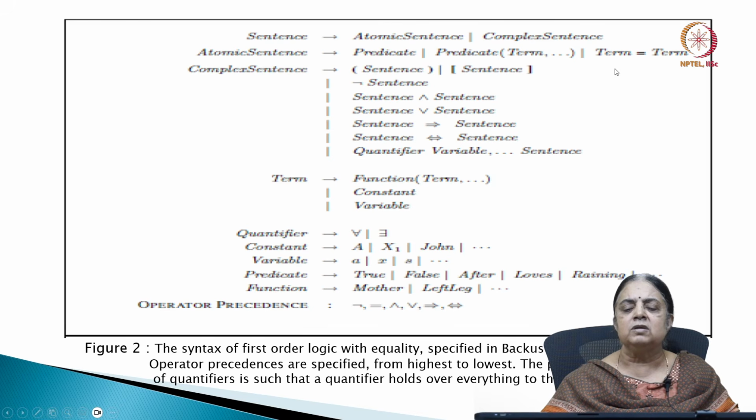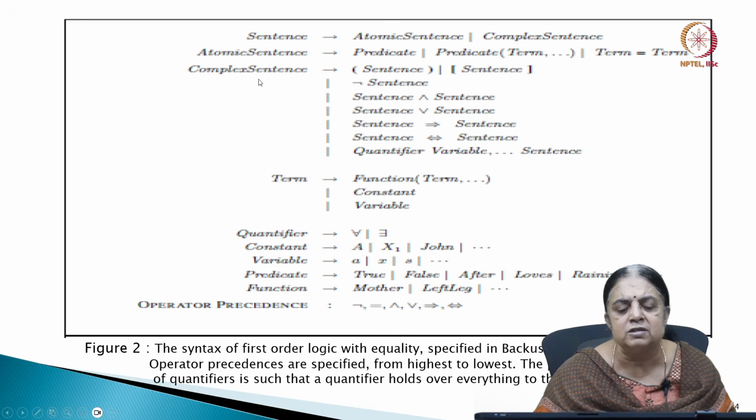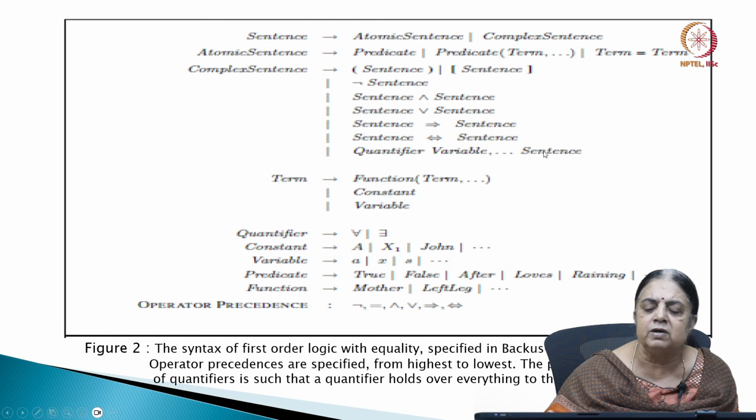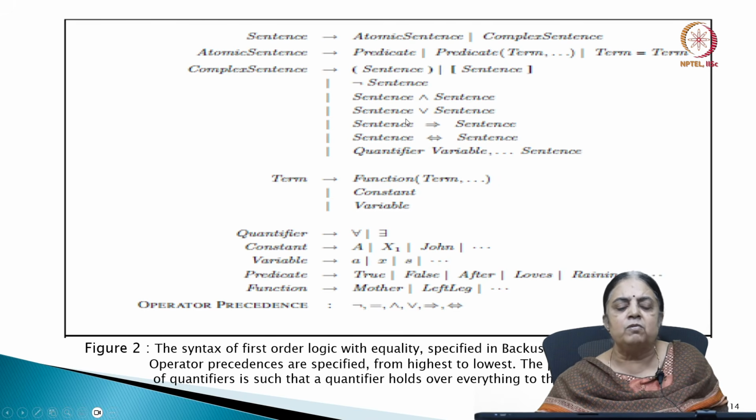So all these are atomic sentences, and you could also have complex sentences which consist of sentences with parentheses and all the connectives, and all the quantifiers that you can use. So you can have a quantifier, variable and sentence, etc. So all these are complex sentences.